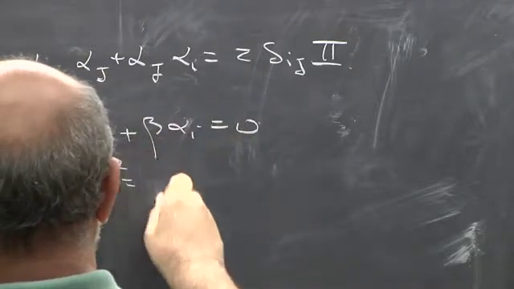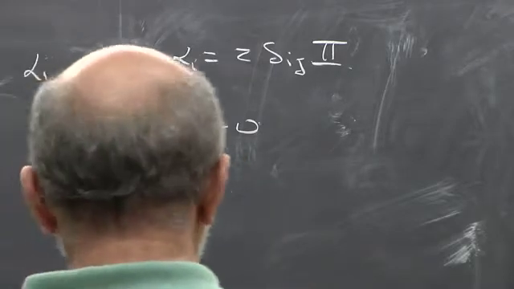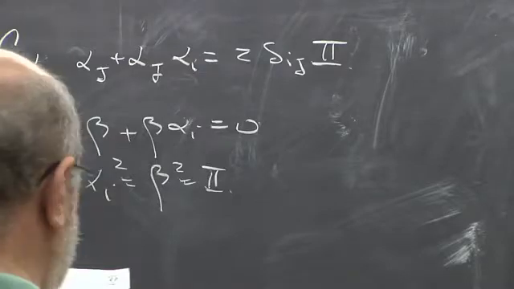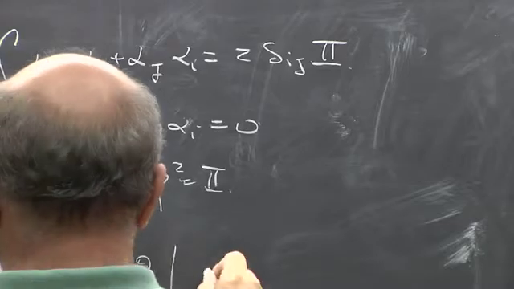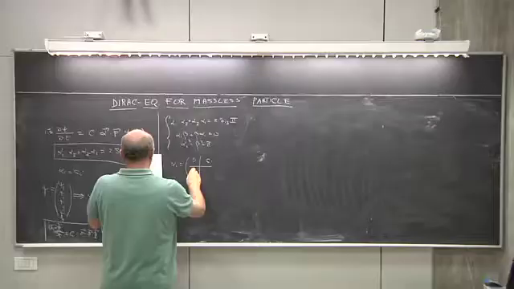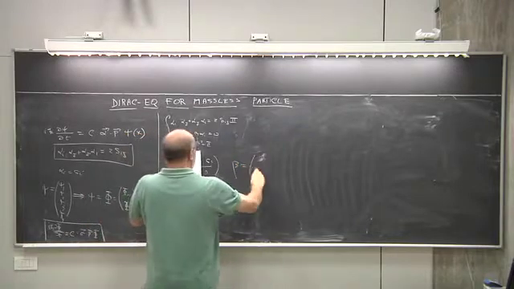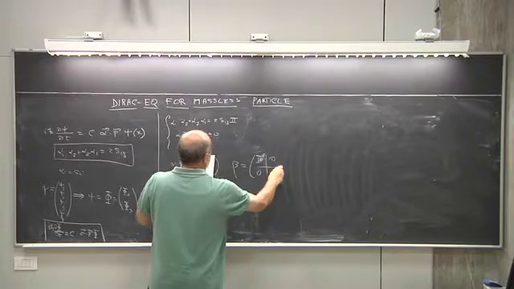Alpha i squared is equal to beta squared is equal to the identity. And we have seen one realization of these matrices, that is the following. Alpha i equals 0, sigma i, sigma i, 0, beta equals I 0, 0 minus I.